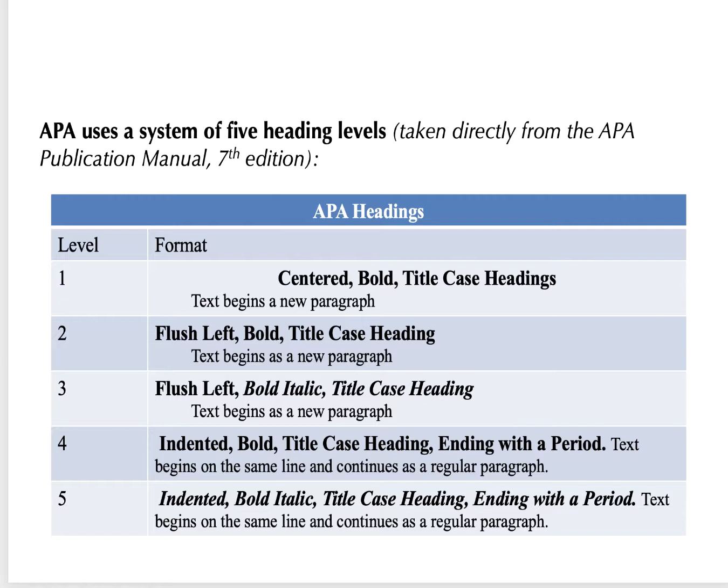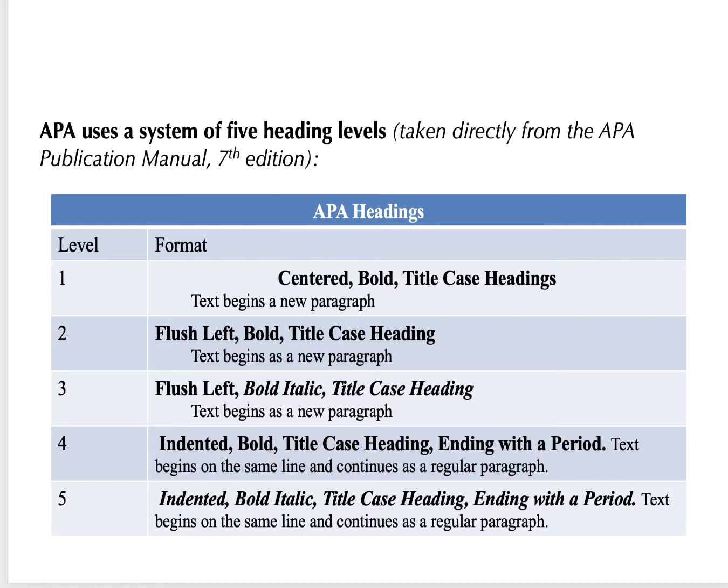So there's a theme there. You start off in the center, everything's bolded. The next 2 levels down are both flush left, one in bold and the other in bold italic. And then the next 2, levels 4 and 5, are both indented, one in bold and the second italicized.